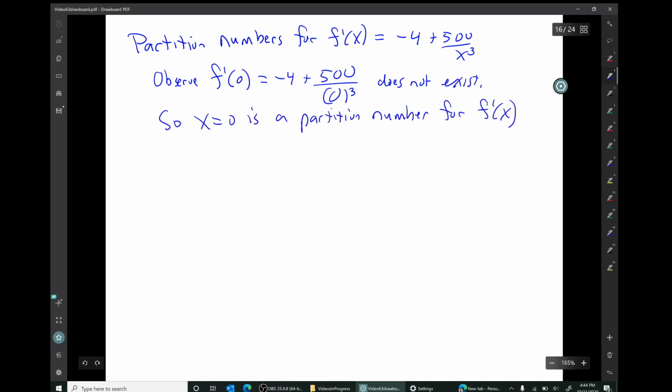So we can see right away that there is one partition number for f prime of x, that's x equals 0. That's because f prime of 0 does not exist. Now that's not in our interval, so we don't really care about it, but it's good to find it. Now, what about partition numbers of the other kind? Are there any x values that cause f prime to equal 0?